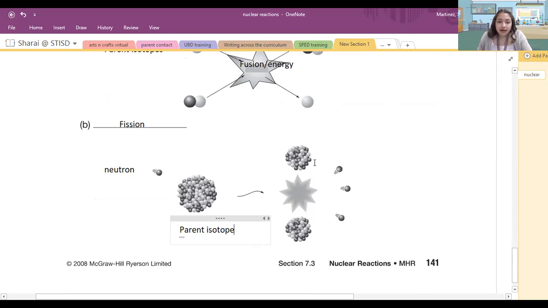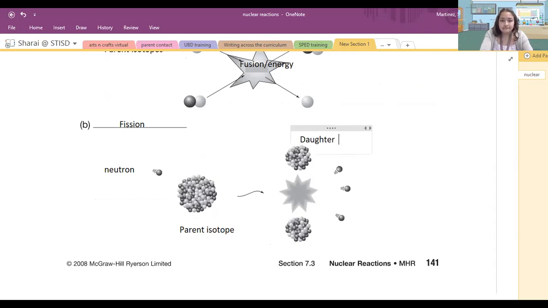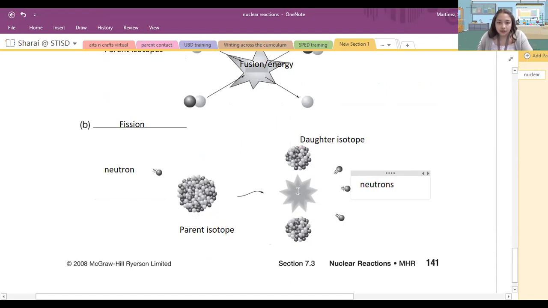Then we have our daughter isotopes, which are here. And we have more neutrons. These 1, 2, 3 little loners here are more neutrons. And then we have fission, the energy. All right, so that was the back side.